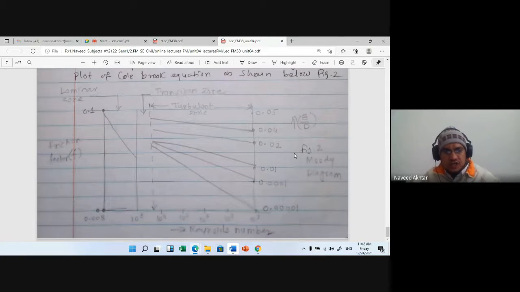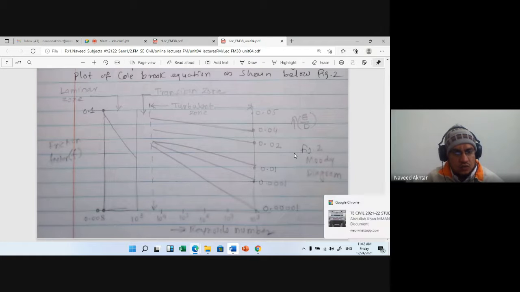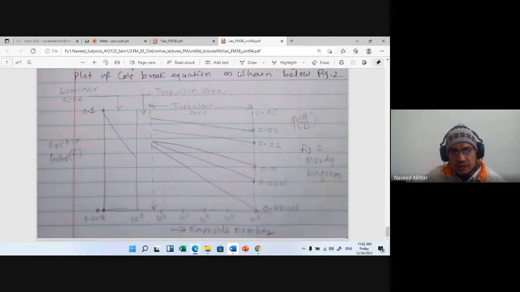This diagram you can see here, with values starting from 0.008, and this x-axis is for the Reynolds number.